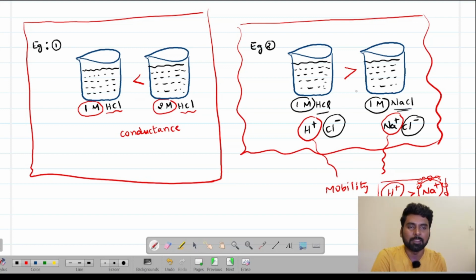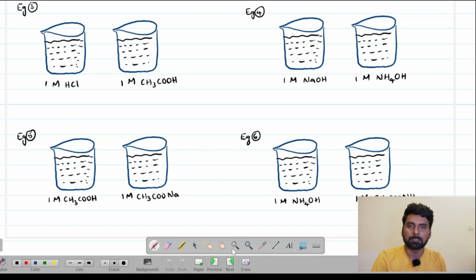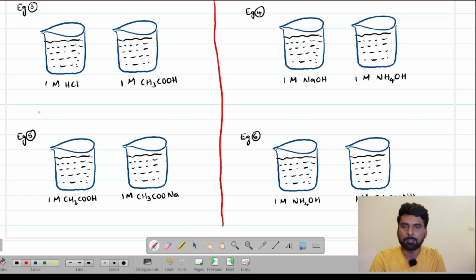Please remember this point, this will come up in our conductometric titrations. If the HCl and NaCl concentrations are both the same, conductance is high for HCl compared to NaCl. That is decided by mobility. H plus has more mobility than Na plus. Hope you understood this example. Let me take further examples. There are 4 examples here that I am showing.